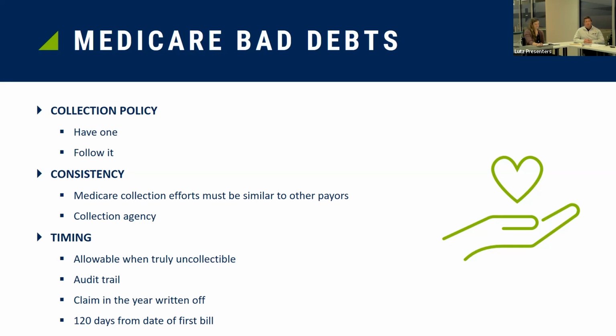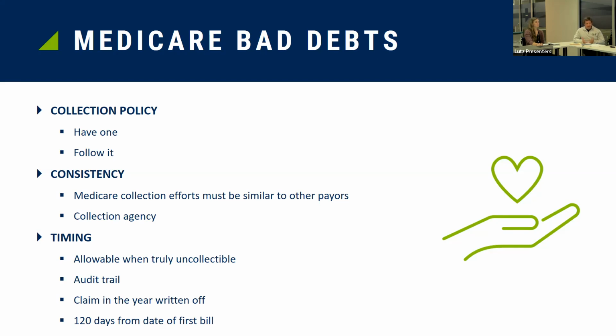So then consistency from a bad debt perspective. Medicare wants to see the same collection effort for all payers. If you're sending Medicare bad debts to a collection agency, you need to send all bad debts to a collection agency. Now, that doesn't mean that you need to send bad debts to a collection agency just in general. If you can just have it in-house, but it needs to be a consistent effort between Medicare and non-Medicare.